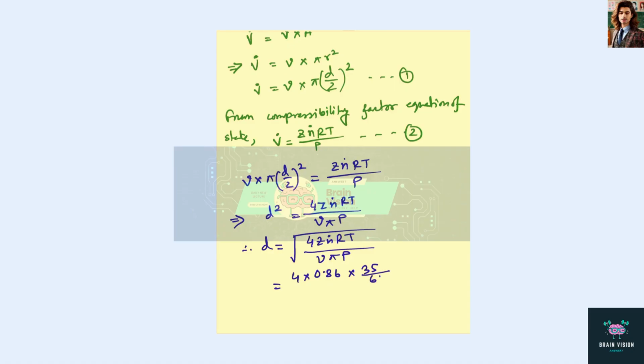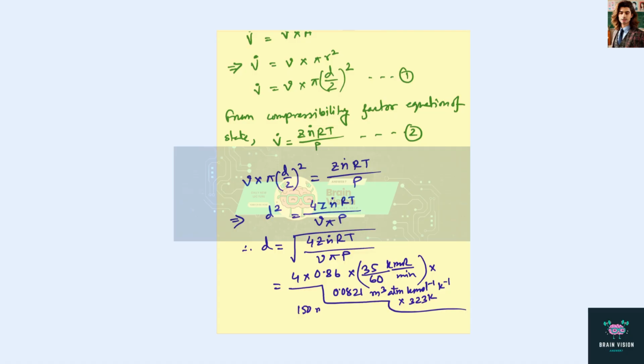Let's convert it to kilomole per minute by dividing by 60. The gas constant is 0.0821 meter cube atmospheric pressure per kilomole per Kelvin. The temperature of the system is 323 Kelvin.